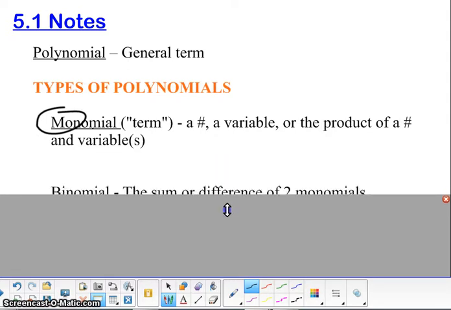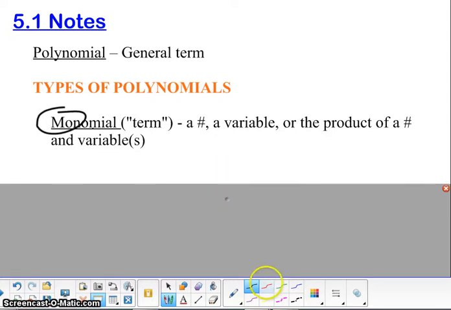So some examples that you may see in some of your work is the number 7. That is a monomial. Or maybe negative 4x. That right there is a monomial. And then another one that you can see is x cubed y. That would be considered a product of a number and variables.